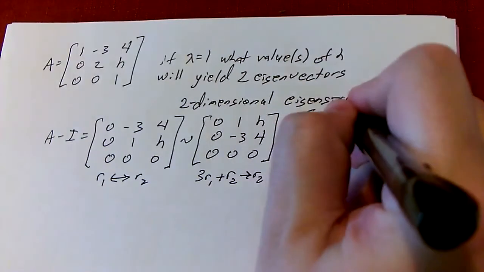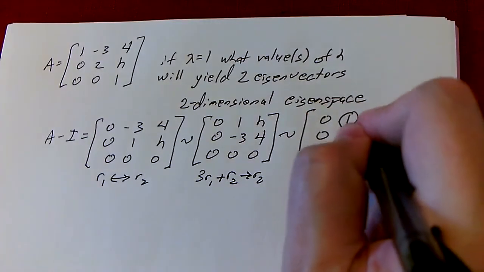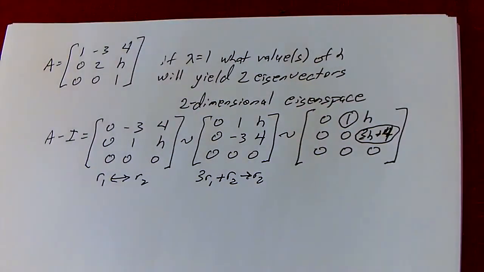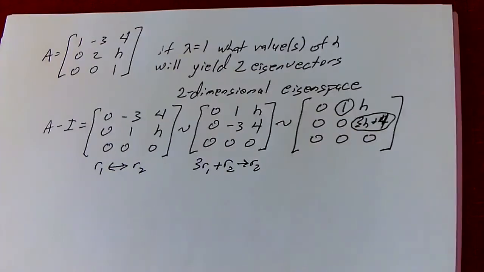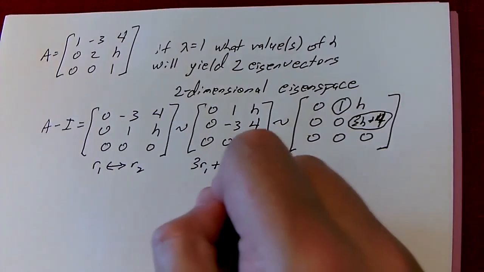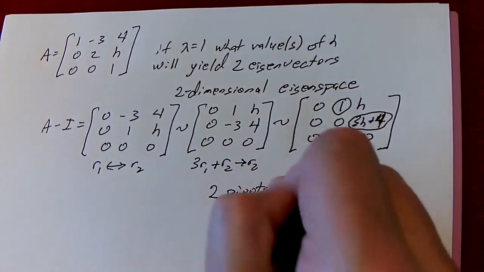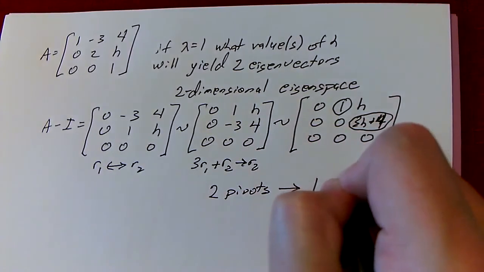Okay, so this is a pivot no matter what. 3H plus 4, though, is only a pivot if it's not 0. And if I have 2 pivots, I have 1 eigenvector.